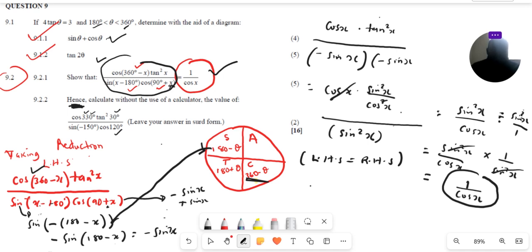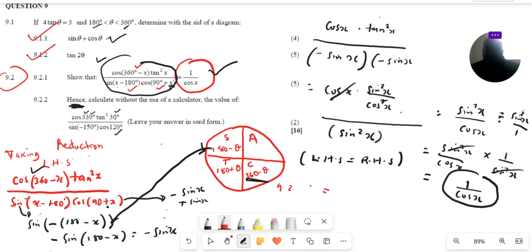Because when you look at x here, it is 30. 360 minus 30 gives 330, and 30 minus 180 will be negative 150. It means here you don't even need to waste your time.